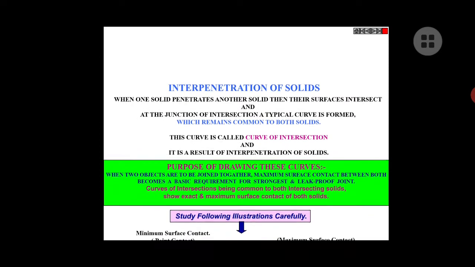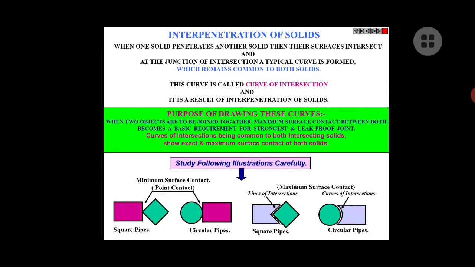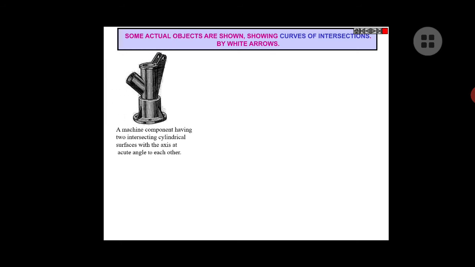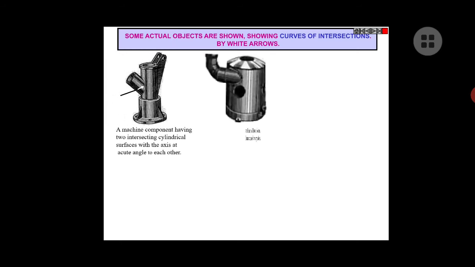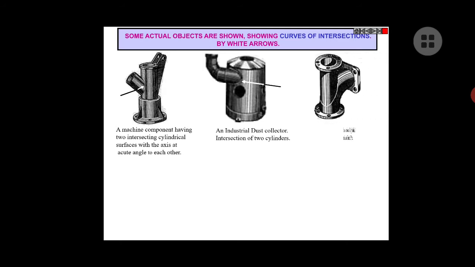Intersection of solids is a penetration of a typical curve formed by two common solids. Basically, it showed some machine components that are an intersection of solids.